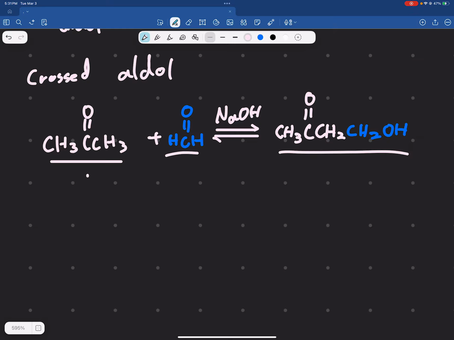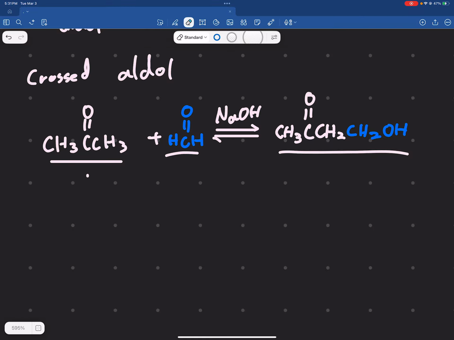So this could be a side reaction that occurs to form another different product from this desired product. Formaldehyde lacks an alpha carbon, so it cannot undergo self-aldol reactions. There are some reactants that cannot form enolate ions, especially ones that do not have alpha hydrogens or alpha carbons. Formaldehyde does not have an alpha carbon at all.